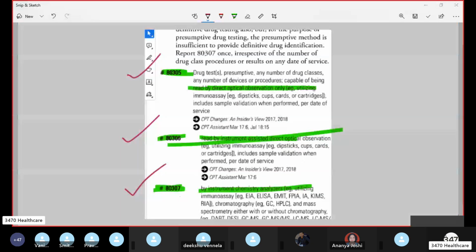So please check these three codes inside the book and take a short note of this. 305 is direct optical observation, 306 by instrument, 307 by chemistry analyzer method. Please make a note.